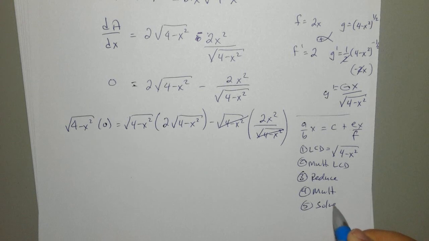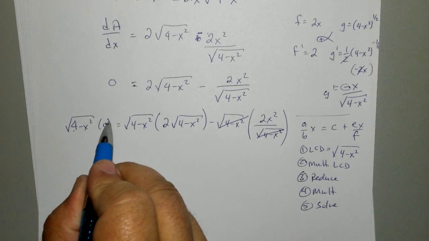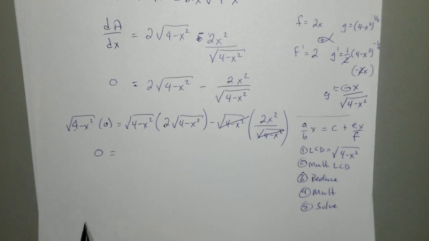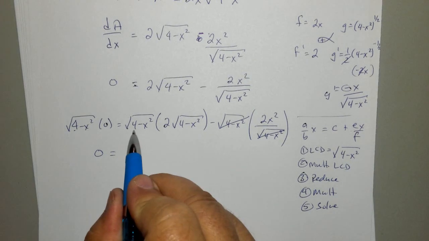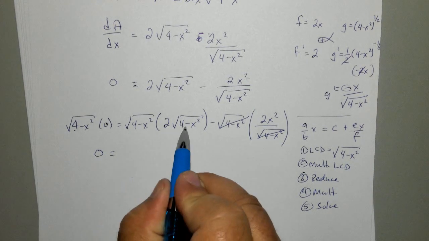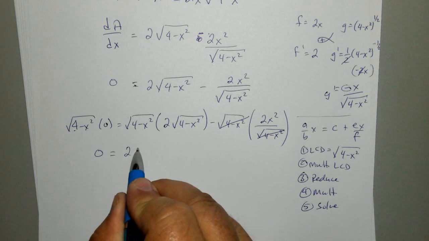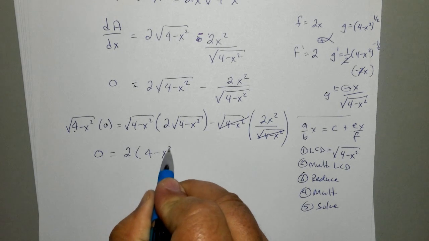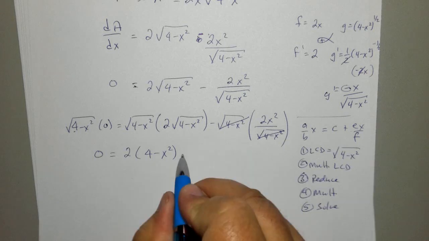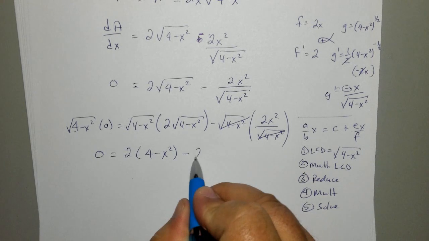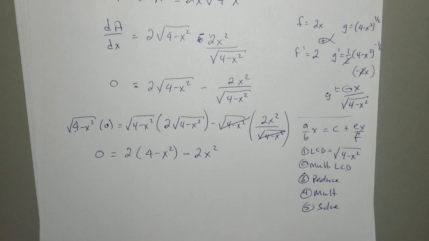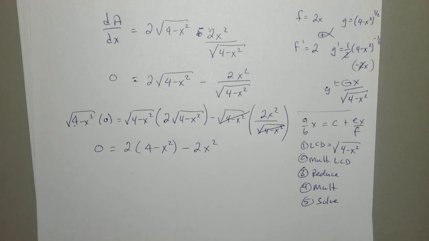Multiply and solve. So radical 4 minus x squared times 0 is 0. Radical 4 minus x squared times radical 4 minus x squared is 4 minus x squared. Get rid of the radical. 2 times 4 minus x squared, minus 2x squared. Now we solve for x.